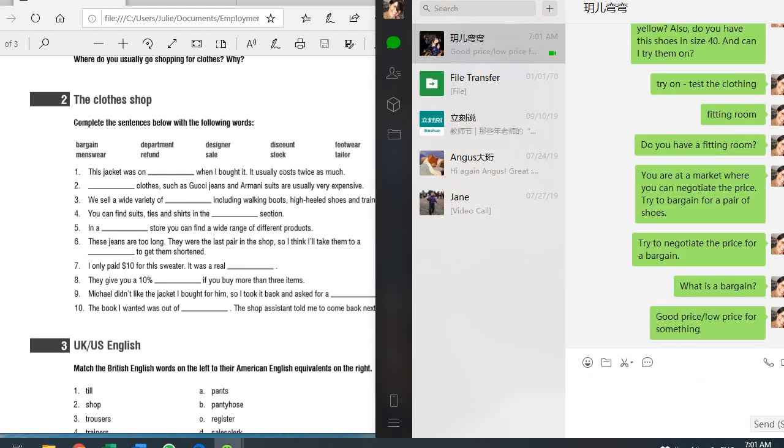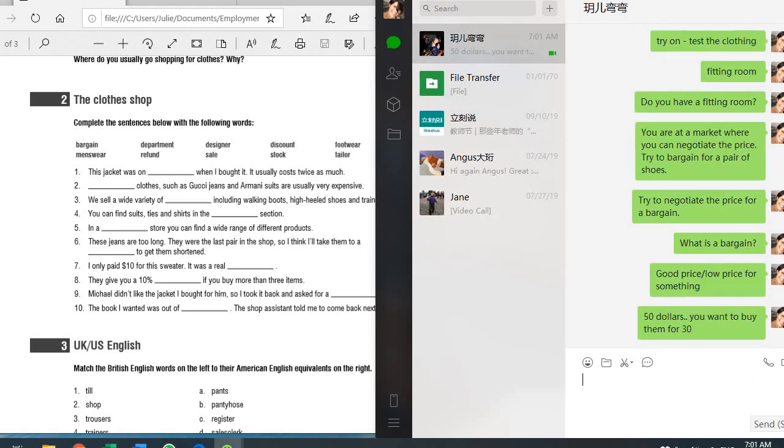So let's say the shoes are 50 American dollars, and you want to buy them for 30. What do you say? How do you bargain? I want to buy these shoes, but I think they are too expensive for me.